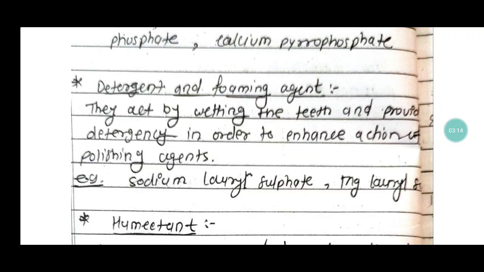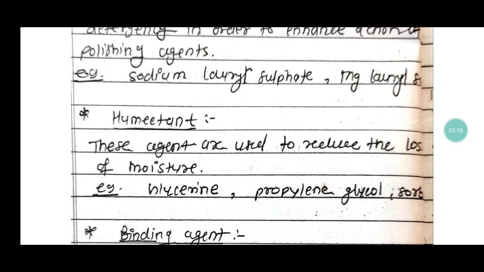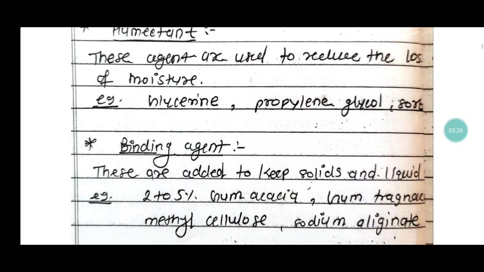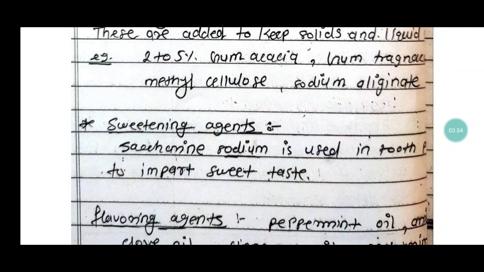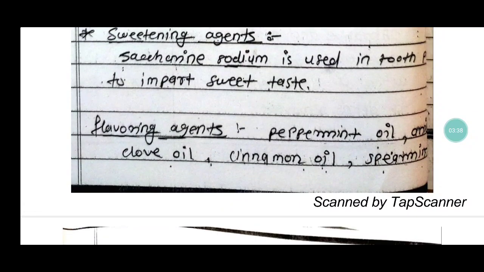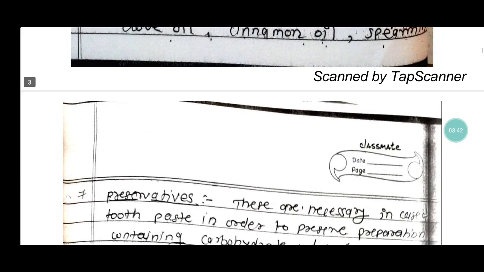Examples are sodium lauryl sulfate, magnesium lauryl sulfate, etc. The other ingredients are humectants, which reduce the loss of moisture, and binding agents, which are added to keep the solids and the liquid in equal form. Sweetening agents such as saccharin sodium are used, and flavoring agents such as peppermint oil, cinnamon oil, clove oil, etc.